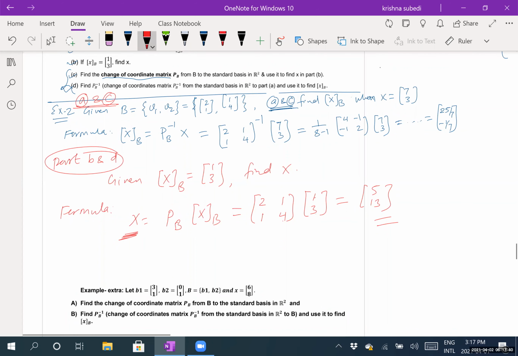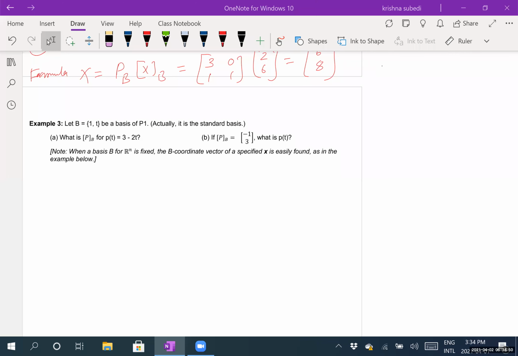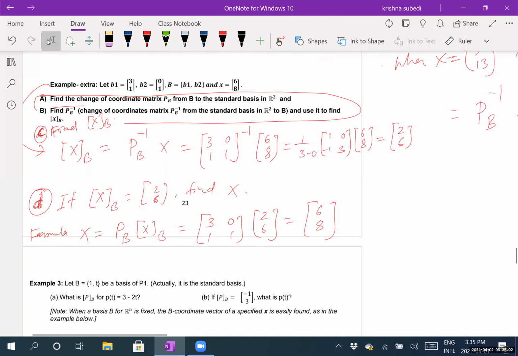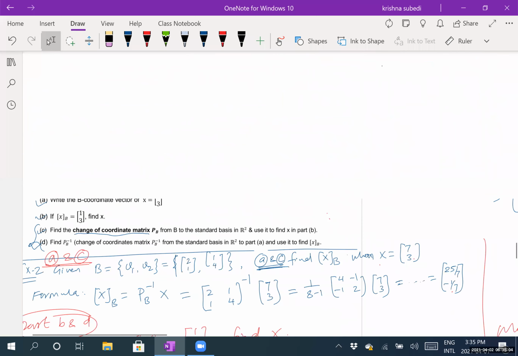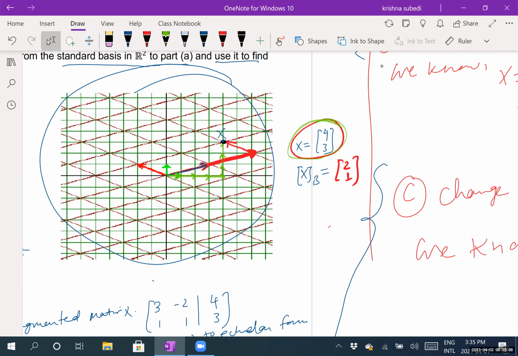One of the really good benefits or applications of this coordinate system is that we can change an unfamiliar coordinate system into a familiar coordinate system.